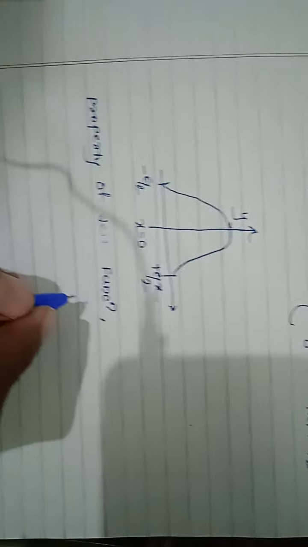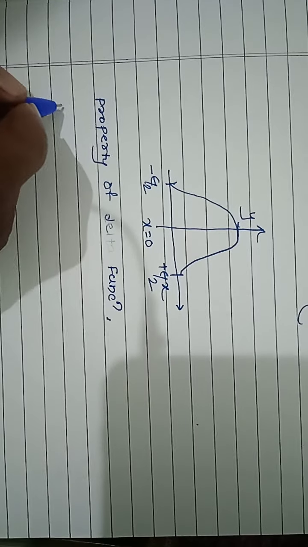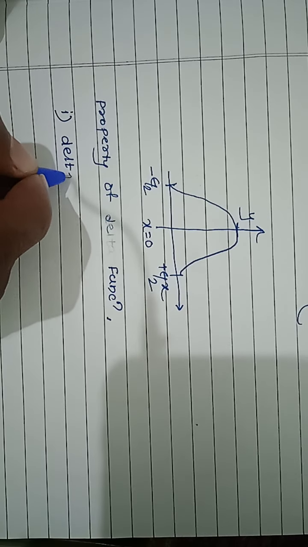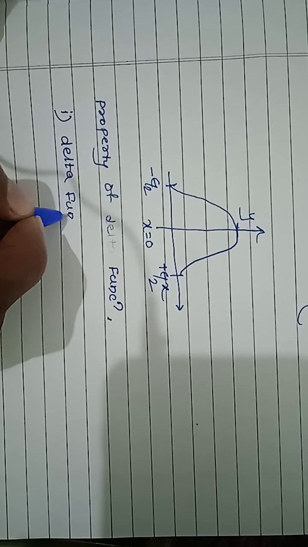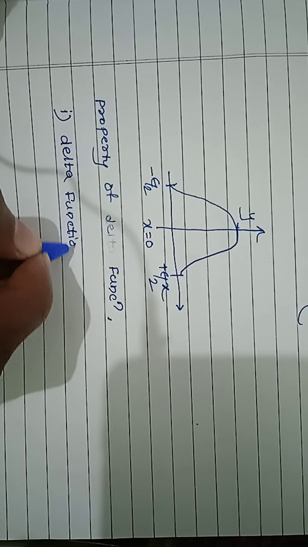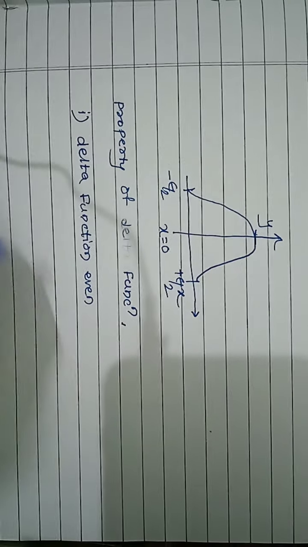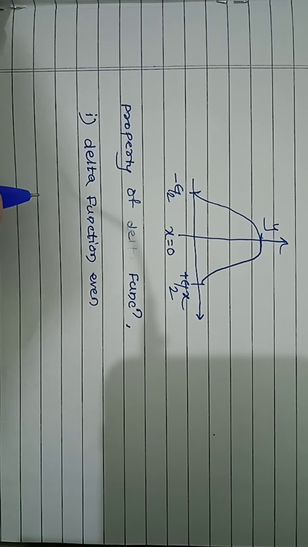So what are the properties of the delta function? The first property is that the delta function is even. This is the first property of the delta function.